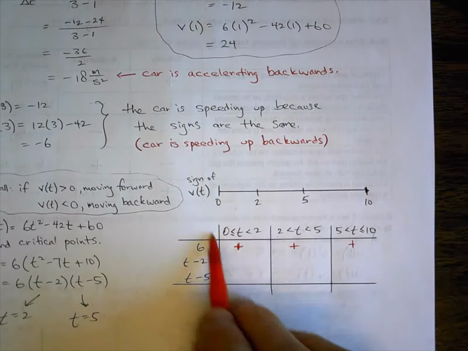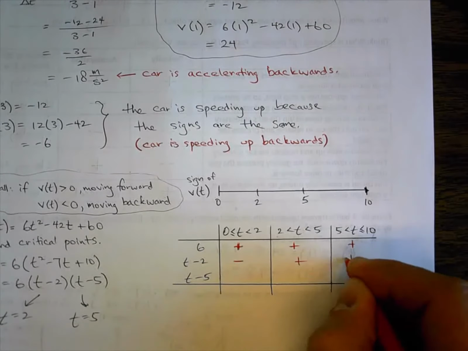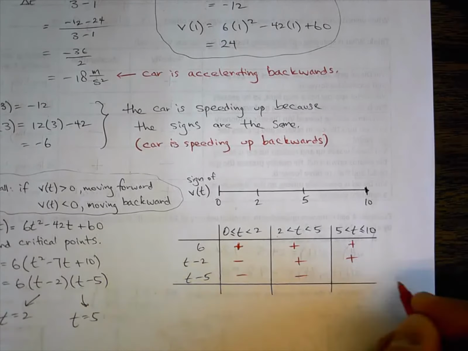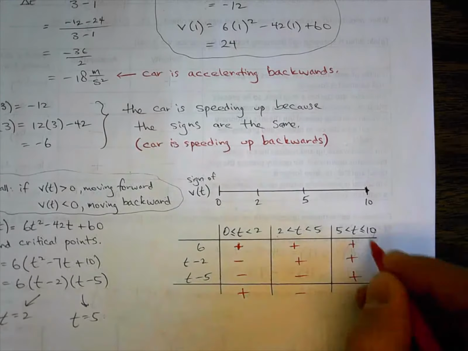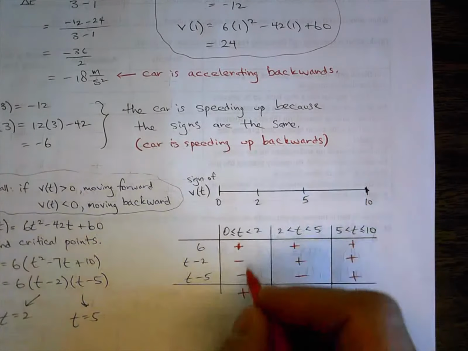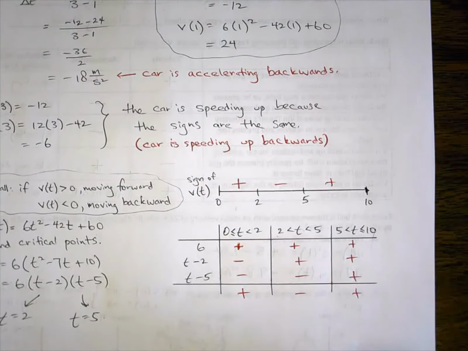Okay, t minus 2. Well, if I choose a number that's less than 2, this is negative. Then these are going to be positive. If I choose a number that's between 0 and 2, this is going to be negative, negative, and this will be positive. 2 negative, so this will become positive. 1 negative, negative, positive. So now I have my result. I can put it up here. Between 0 and 2, the sign is positive, negative, and then positive between 5 and 10.